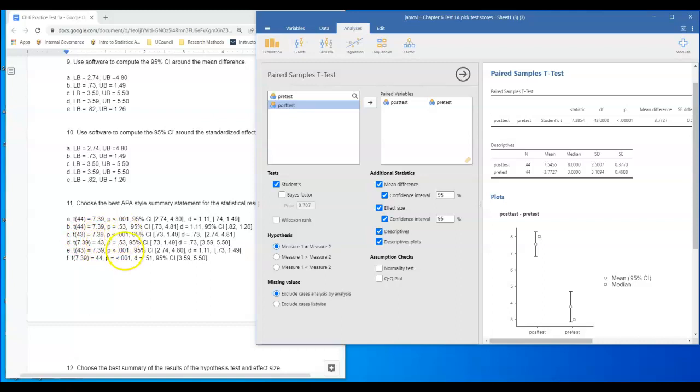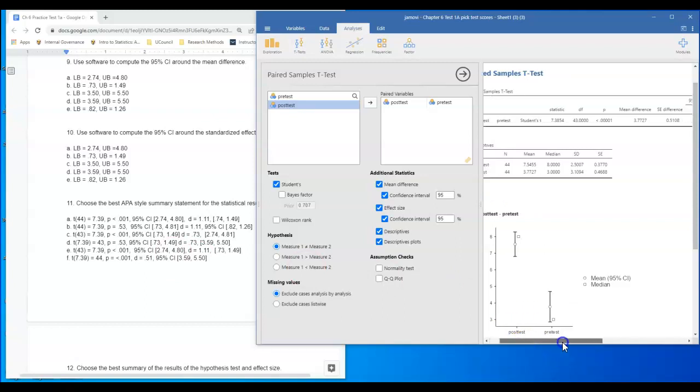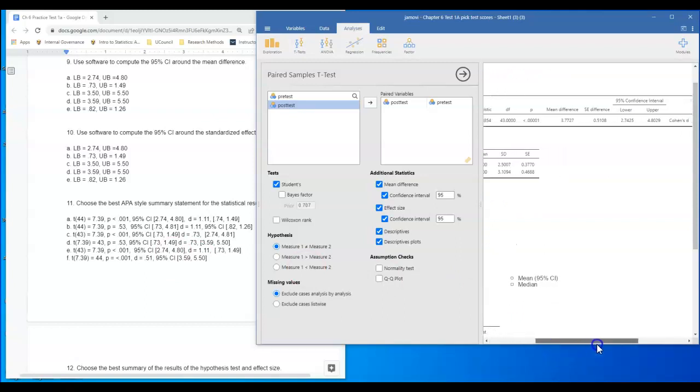Our P's for both are less than 0.001, which is correct. And then the next question is looking at the confidence intervals. The confidence interval for the mean difference was 2.74 to 4.80. The D was 1.11, and our confidence interval was from 0.73 to 1.49. So E is the correct one there.